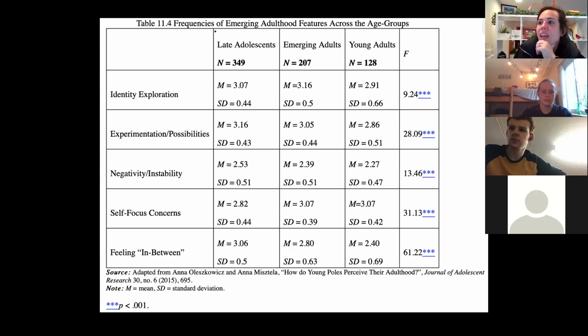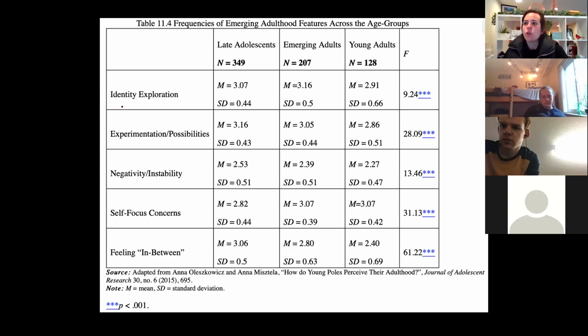So these are the features; we have 5 features, and these are the different age groups: late adolescent, emerging adults, and young adults. You see the sample size is written for each sample. These are our 3 samples, and these are our scores on each of these specific measures.